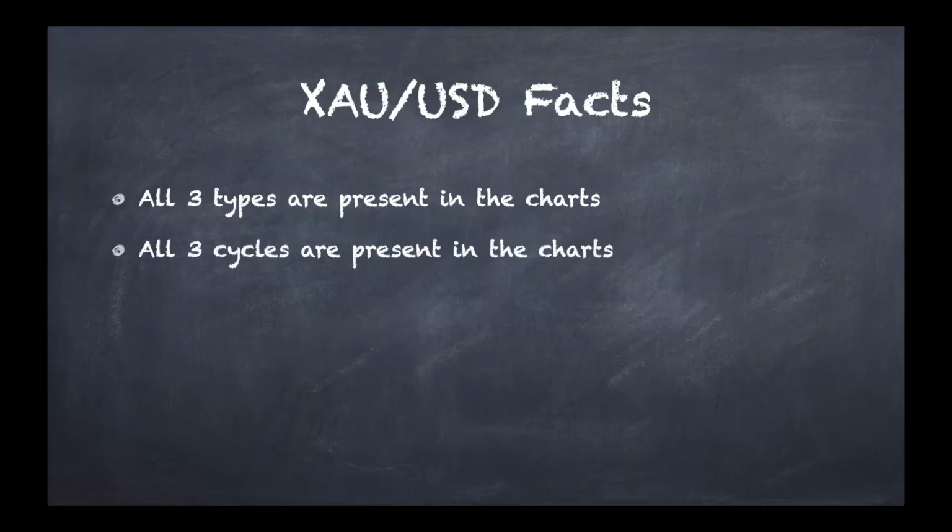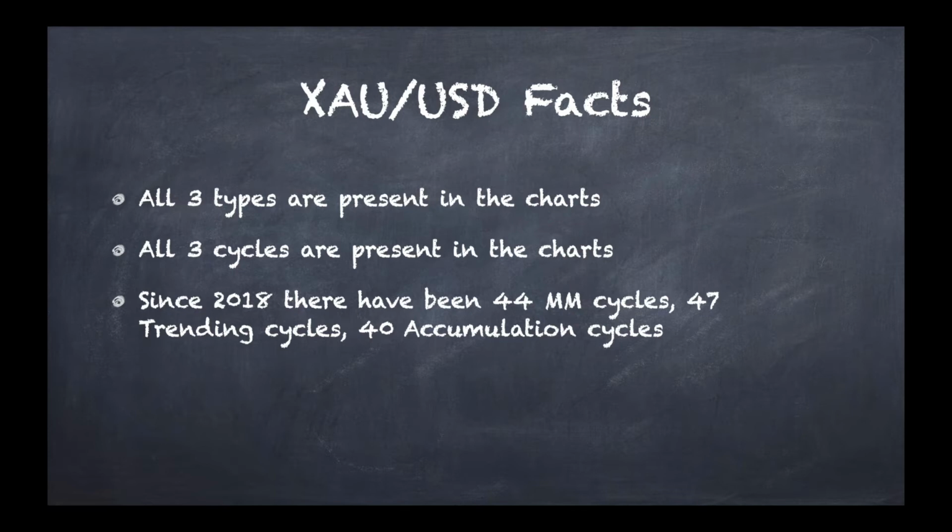Second, all three cycles are present in the charts. So all three types, type 1, 2, and 3, are present, and also all three types of cycles: the accumulation cycle, the market maker cycle, and the trending cycle.